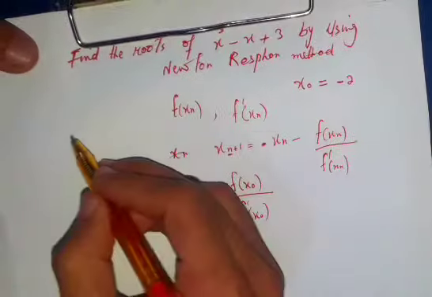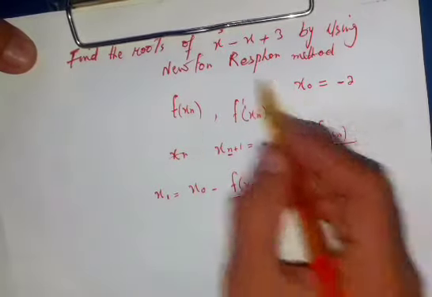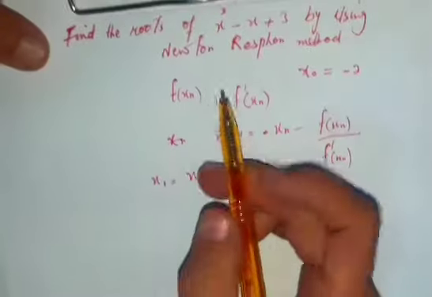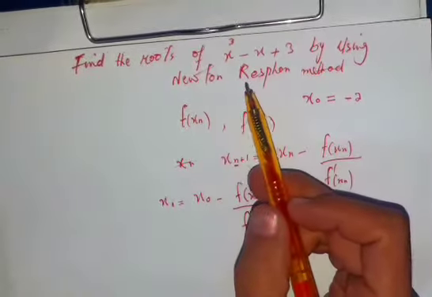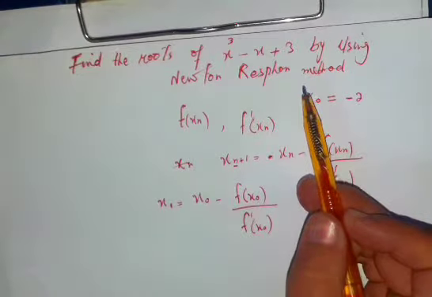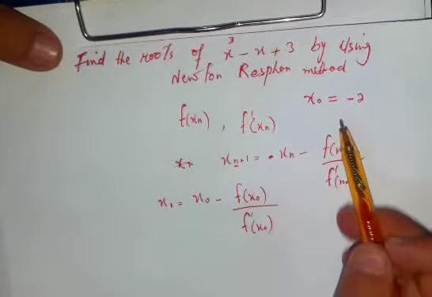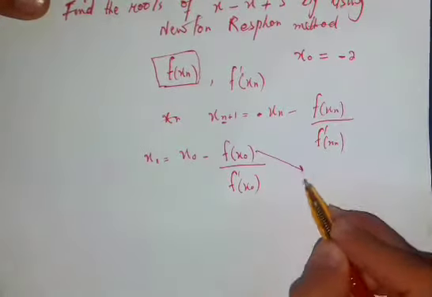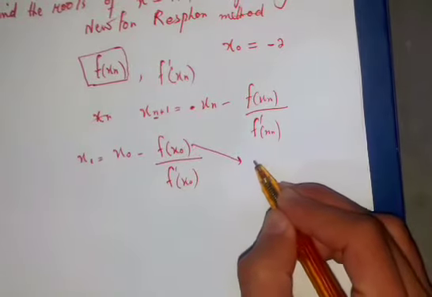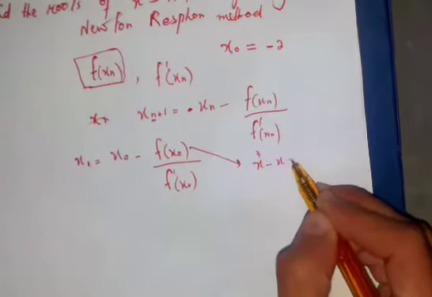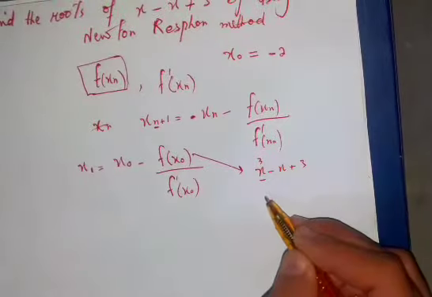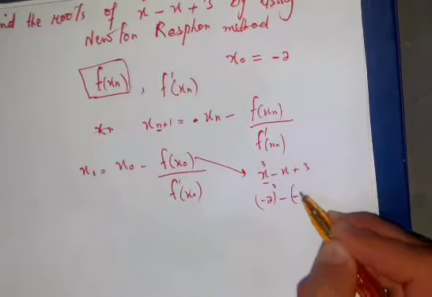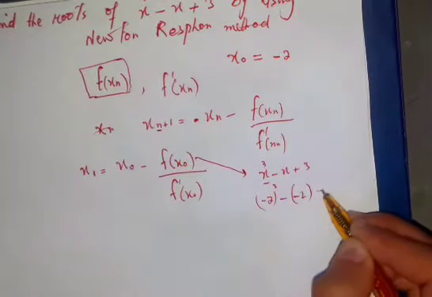So when I put x naught equal to minus 2 in this function, x cubed minus x plus 3, I can replace x with minus 2. So f of x naught becomes minus 2 cubed minus minus 2 plus 3.